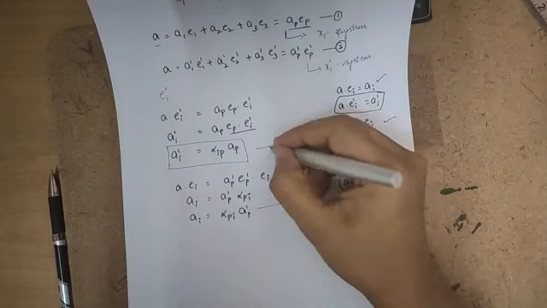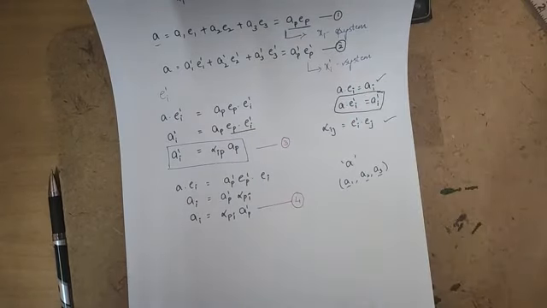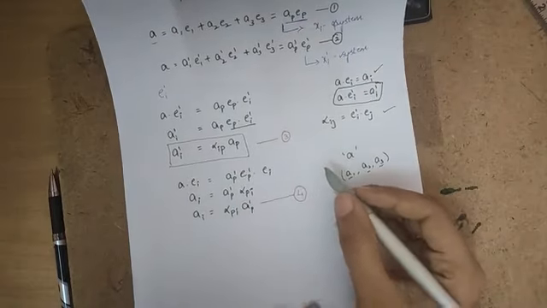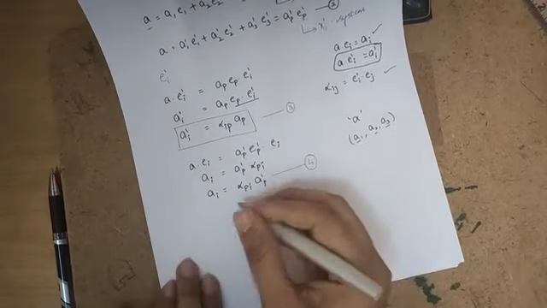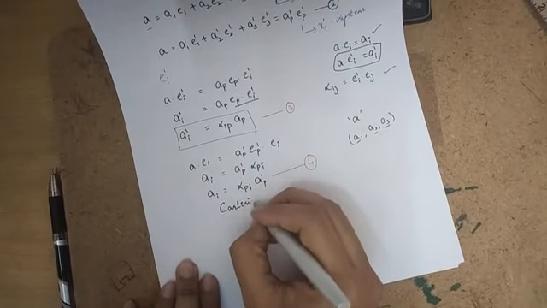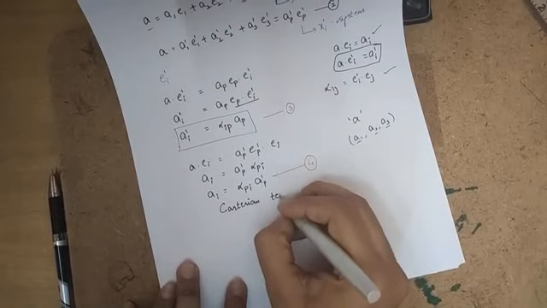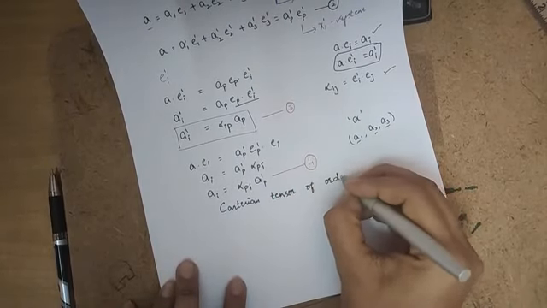For that, I got these two transformation rules. Now I will refer to this equation as Cartesian tensor of order 1.